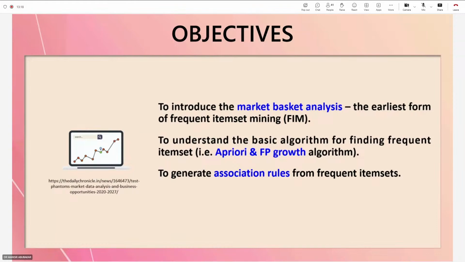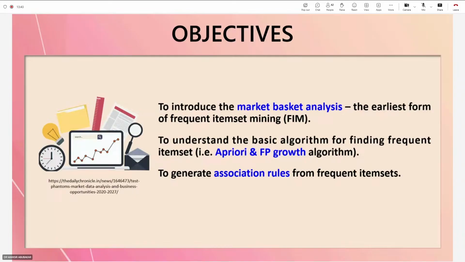Both of them actually use the concept of frequent item mining before applying them to find the association within the data set. And then lastly, to generate association rules from frequent item sets. So as we can see from the objectives, this association analysis involves two important components.